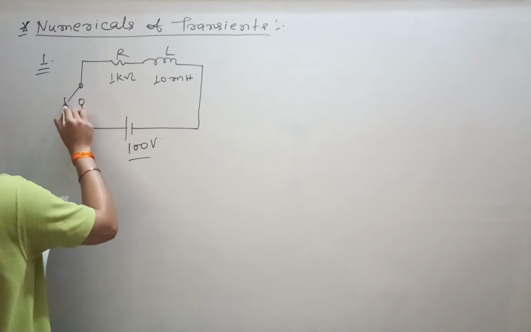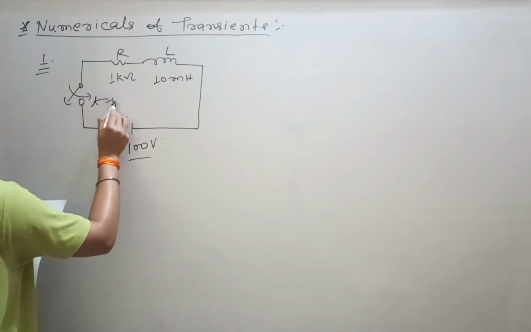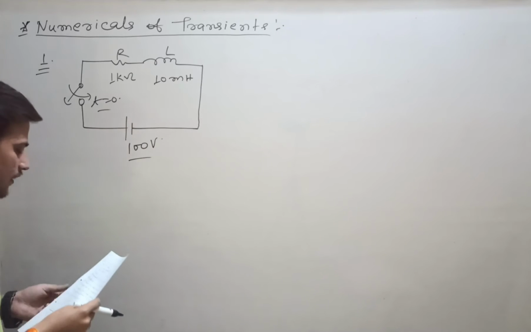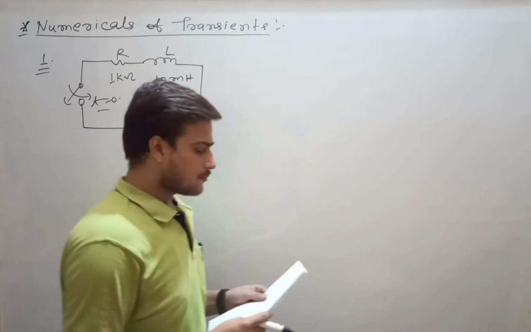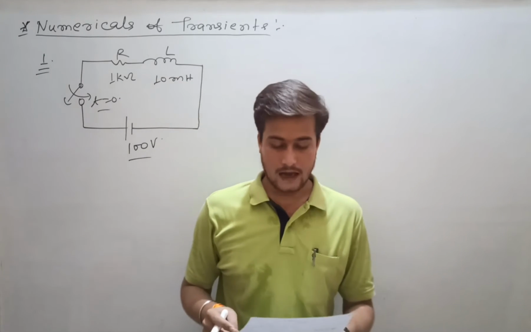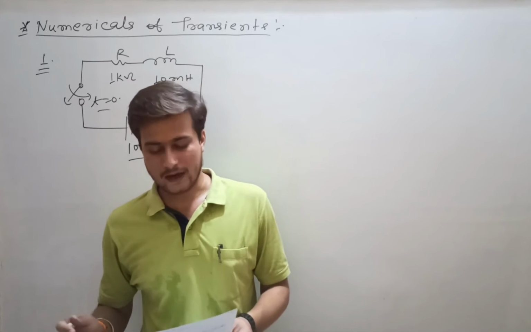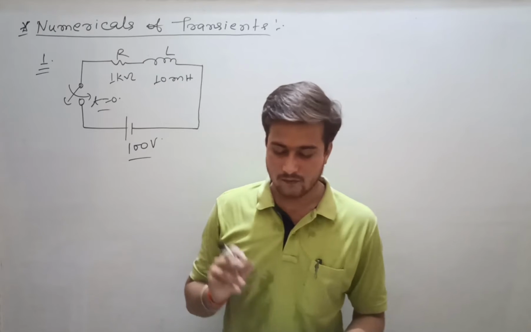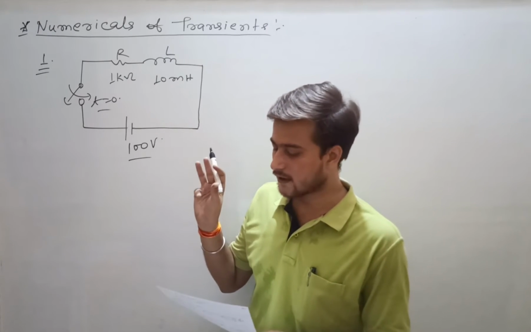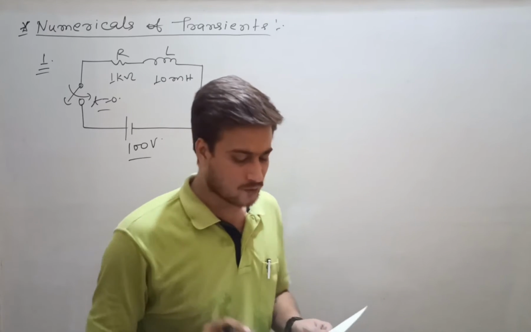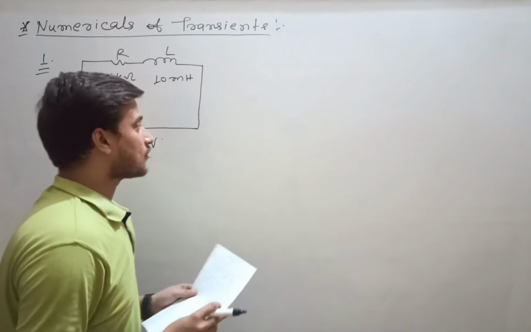The switch is closed at t equal to 0. We have to write the expression for current i(t), then find the value of current i(t) at t equal to 20 microsecond. Further, write the expression for voltage across resistance, then the expression for voltage across inductor.